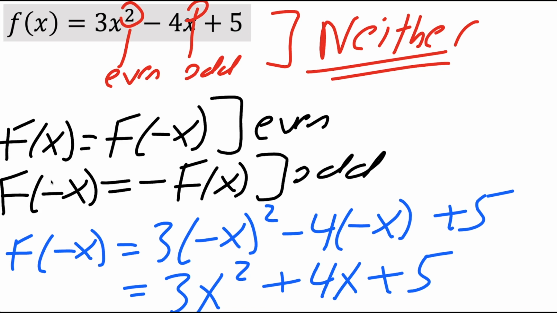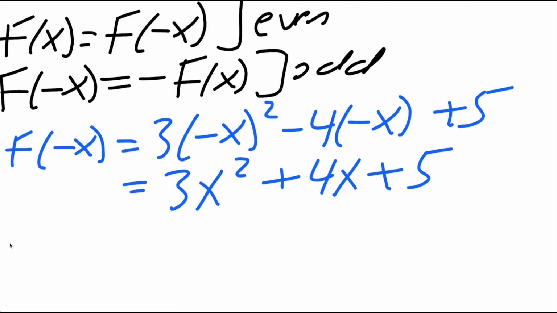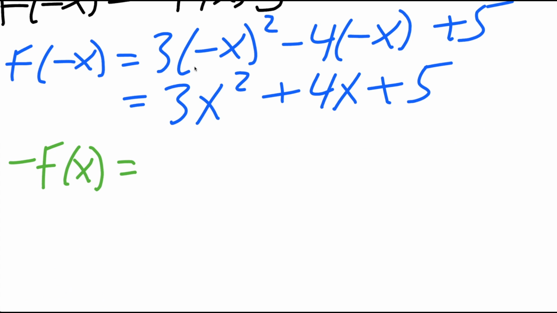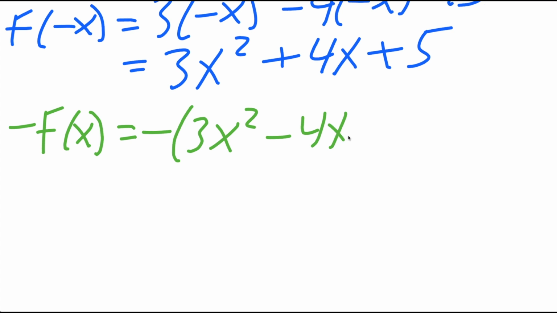Now we can try this one just to see if it's odd or not. We can say negative f of x is equal to, so we had 3x squared minus 4x plus 5, and we're going to copy that down: negative, parentheses, 3x squared minus 4x plus 5. Let's see what we get.